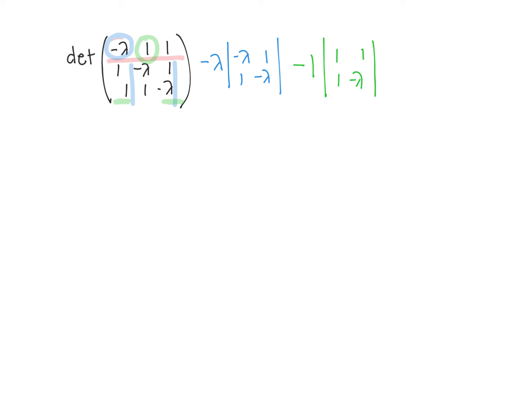Do you remember doing that? And then, finally, we take this term, so it would be plus 1 times the determinant, and then we use the determinant of those two. So we get 1 minus lambda, 1, 1, and then I would need to do those determinant works. Yeah?